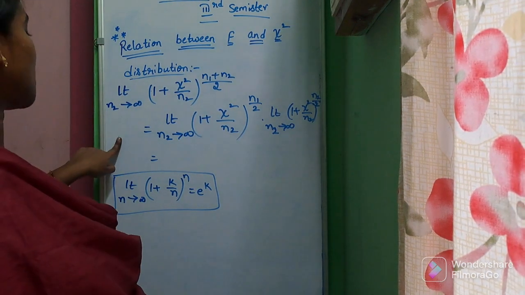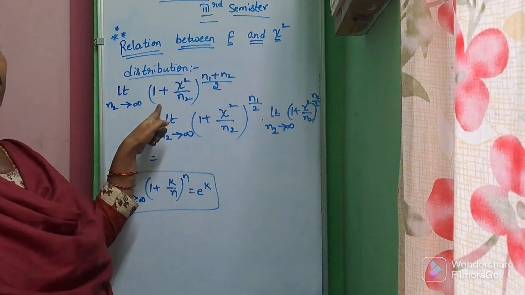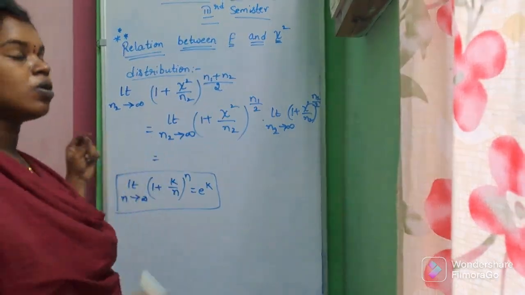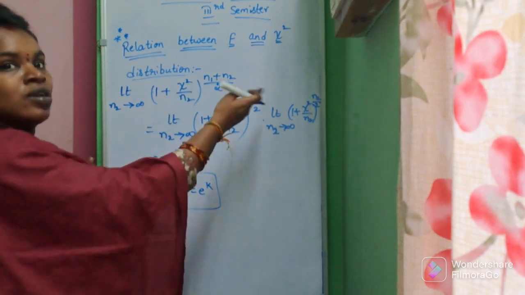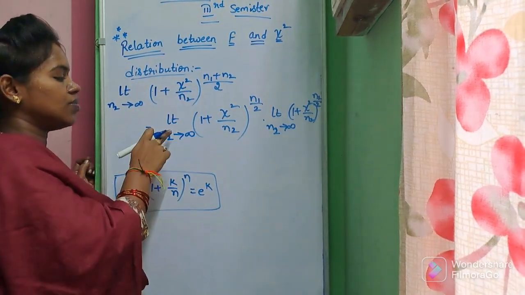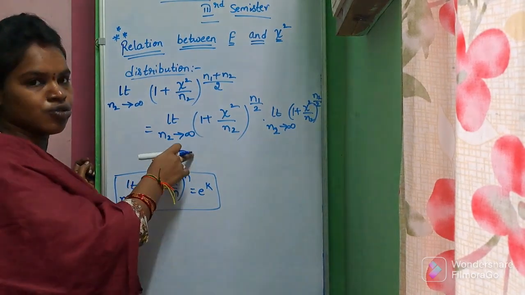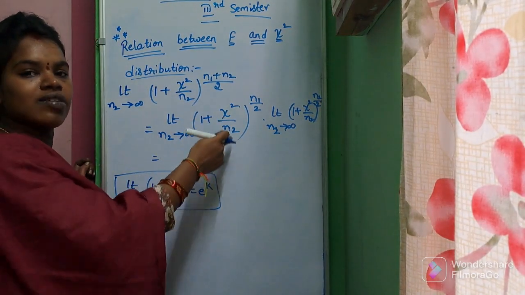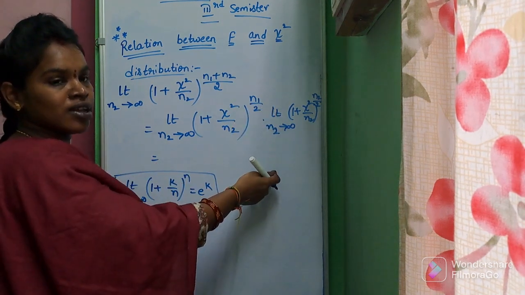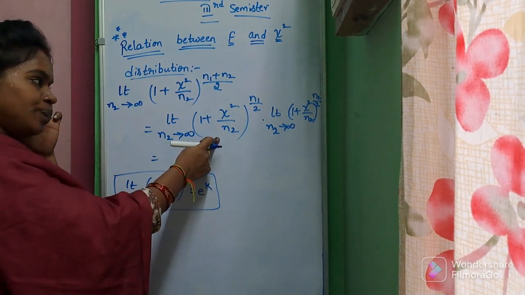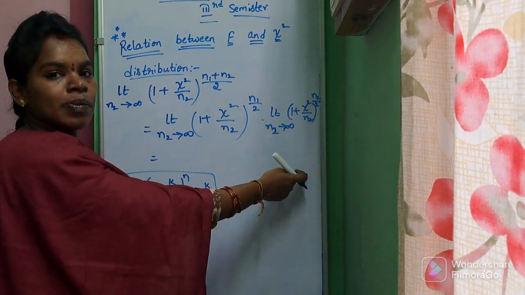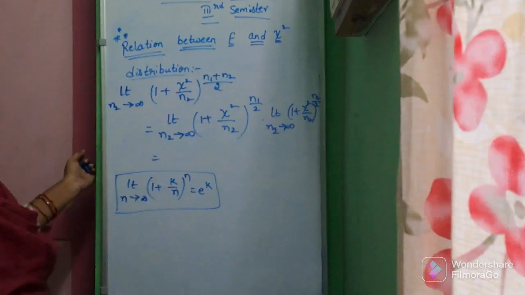Next part is limit n tends to infinity 1 plus chi square by n2 whole power n1 plus n2 by 2. We can split this power into two terms, and we have to split this limit also into two terms. Limit n2 tends to infinity 1 plus chi square by n2 whole power n1 by 2, into limit n2 tends to infinity 1 plus chi square by n2 whole power n2 by 2.